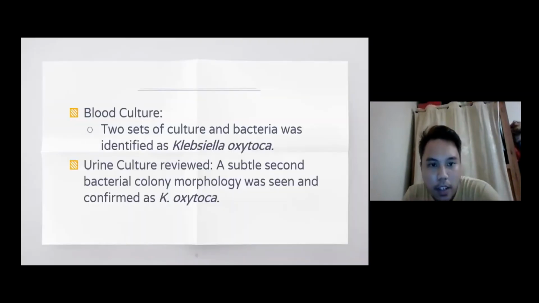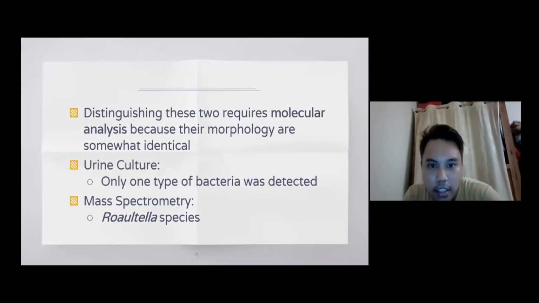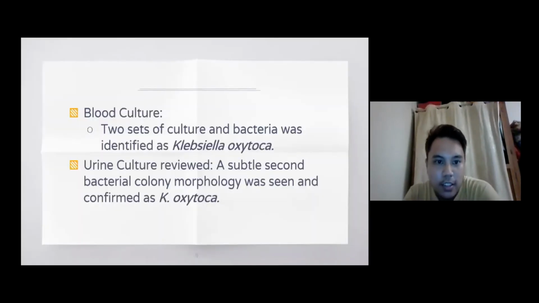So another test was conducted, the blood culture. Under the blood culture, there were two sets of cultures, and it was identified as contradicting Raoultella: it was Klebsiella oxytoca.